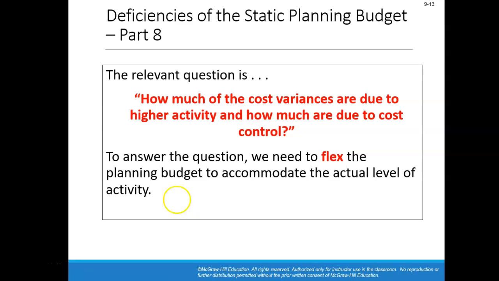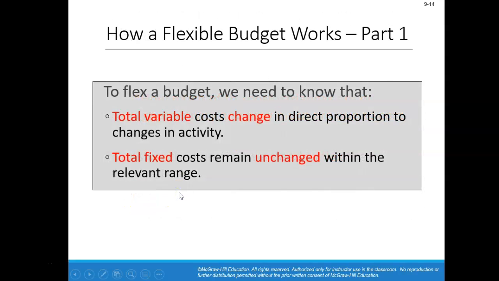So the question is, how much of the cost variances are due to higher activity and how much are due to cost control? Again, we know that we cut more yards than expected. So do we have unfavorable variances because of that? Well, let's see.